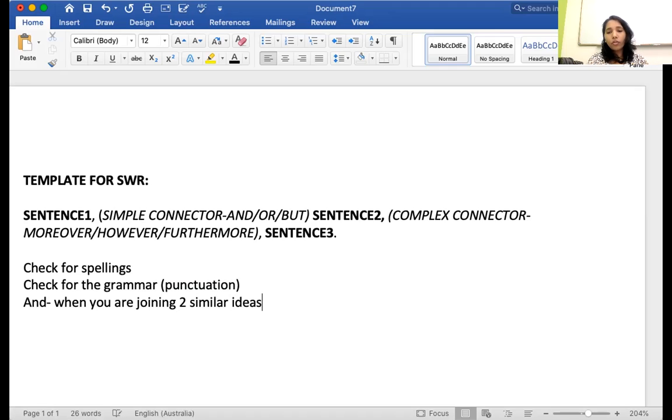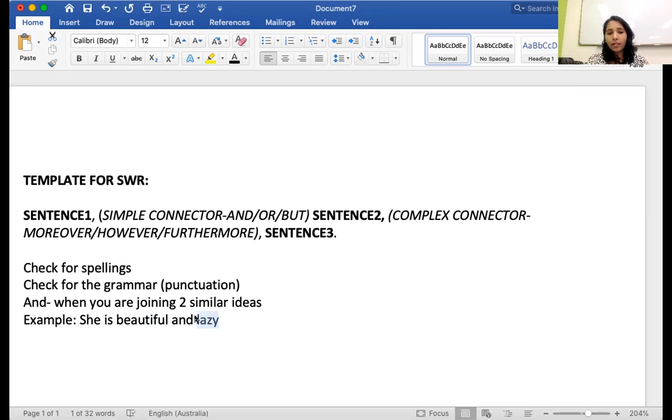So when you're combining similar ideas, for example, if I say she is beautiful, I wouldn't say and lazy, right? I wouldn't use this word. She is beautiful and lazy. So I'm comparing contrasting ideas, I'm comparing positive and negative. So I wouldn't use and.